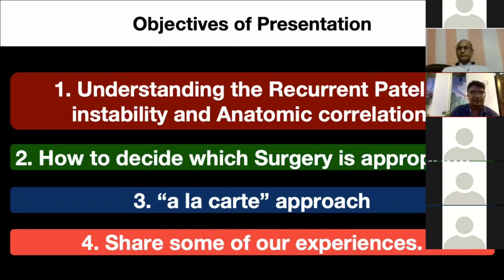And then second, I'll talk about how to decide which surgery is appropriate for a particular patient. Here, I'd like to reiterate the a la carte approach, which is becoming so popular nowadays for the treatment of complex patellar dislocation. And I'll share some of our experience at AKB Center, accumulated over a period of the last 10 years.